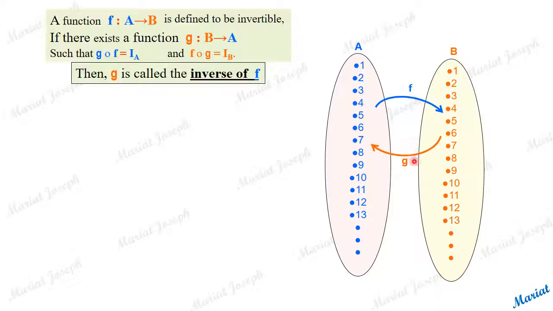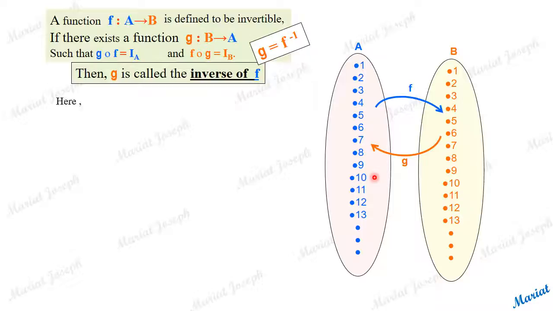And such a g, if it exists, is called the inverse of f. G is called the inverse of f and denoted as f inverse. This g itself is the inverse of f if it exists.